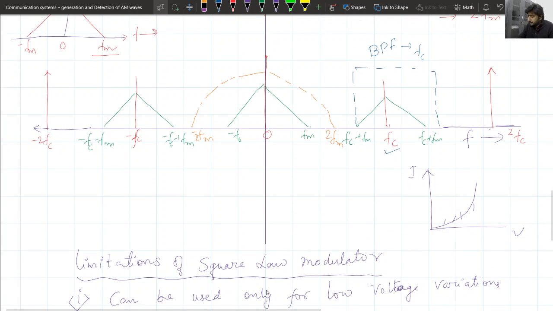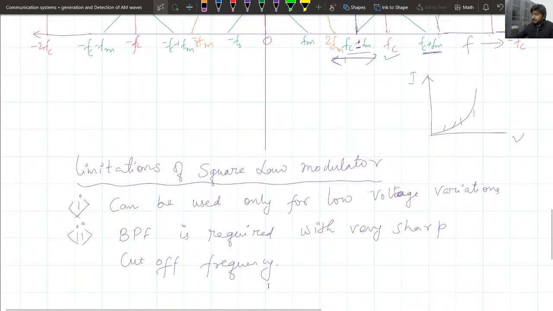Now if we see here, this portion, so we have to apply a band pass filter here whose upper frequency must be fc plus fm. Then you see this should be fc minus fm, because this is fc plus fm, so this should be fc minus fm. So it should be such.